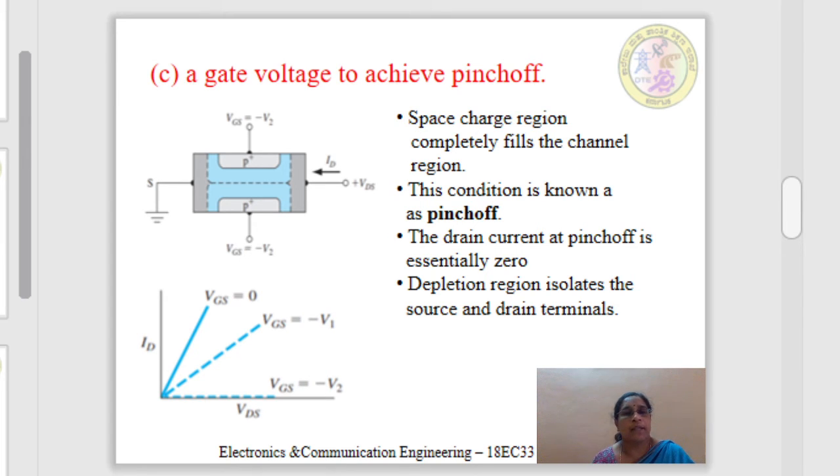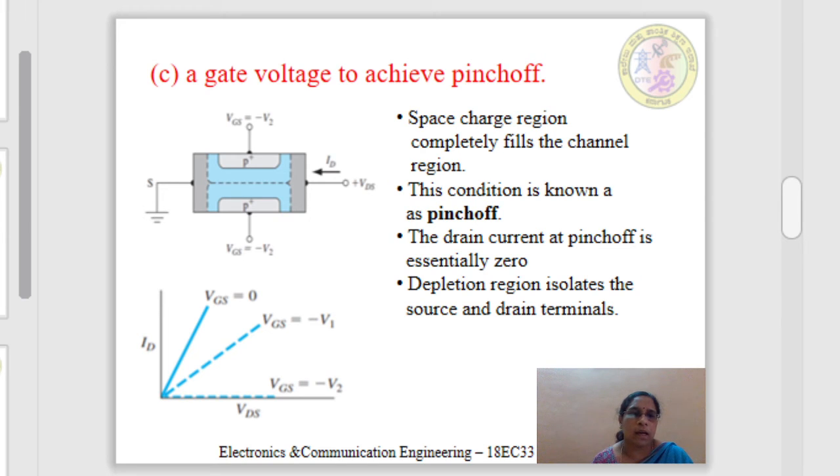At this condition the drain current drops to 0, and this condition is also known as the pinch off condition. Here the depletion regions completely isolate the drain and source terminals. You can see that when VGS is equal to minus V2 volts, for almost any increase in the drain voltage there is no response. That is, ID is almost 0.